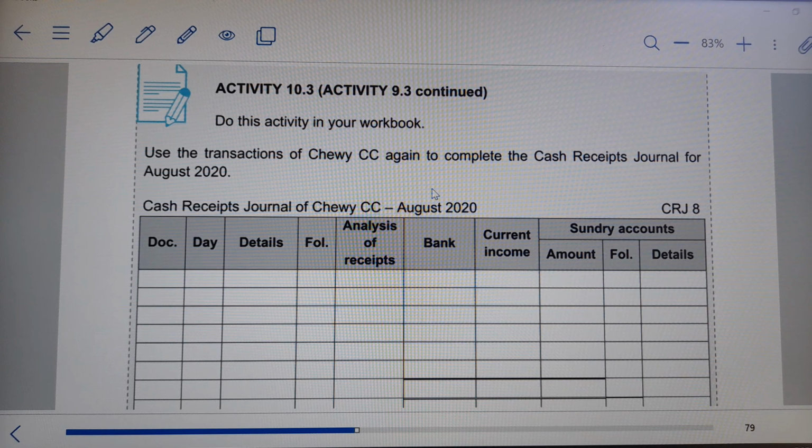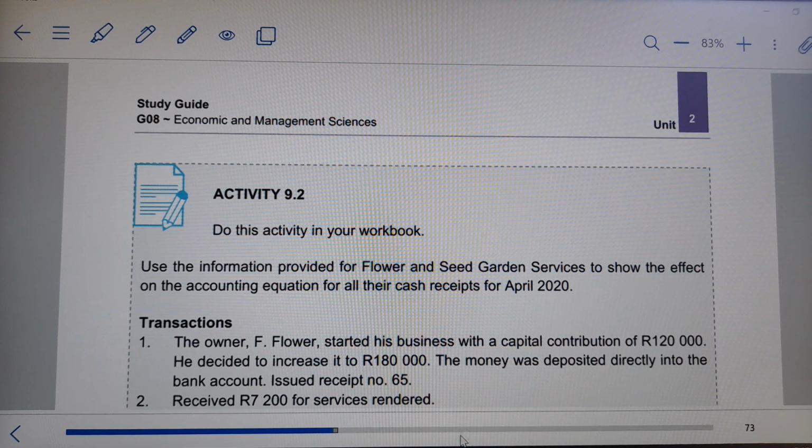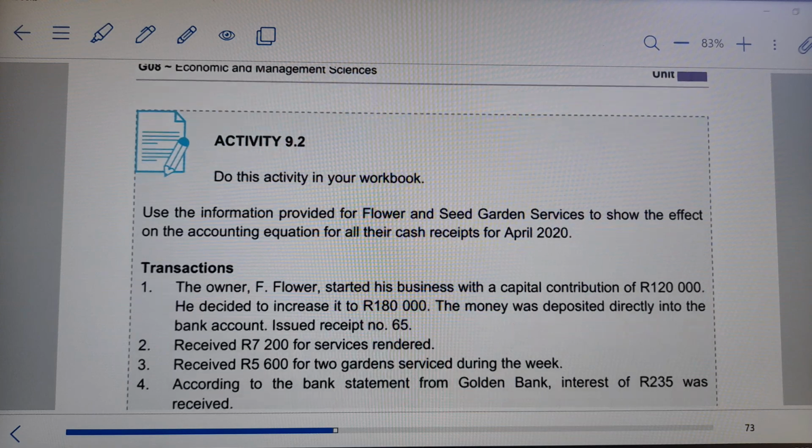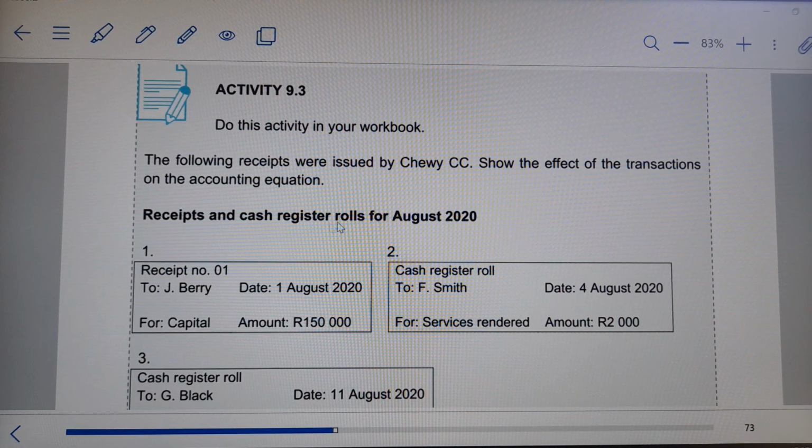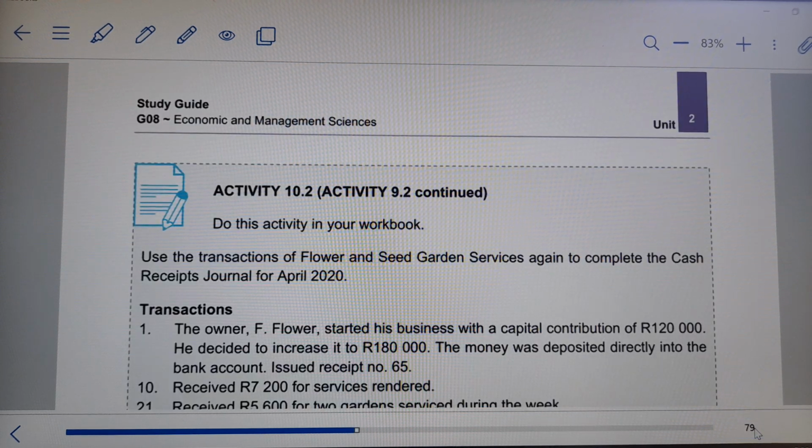So Chewy CC is on page 73. You see this activity, they say use the transactions of Chewy CC. So you go back to page 73. At the bottom of the page, you see CC. So you're going to use these transactions to complete your cash receipt journal. That is on page 79.